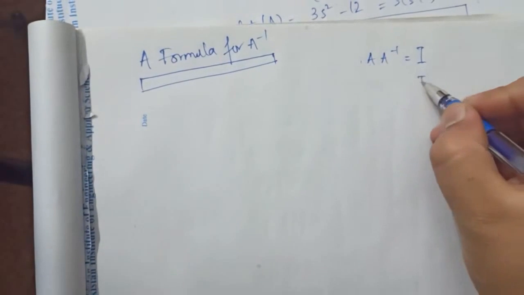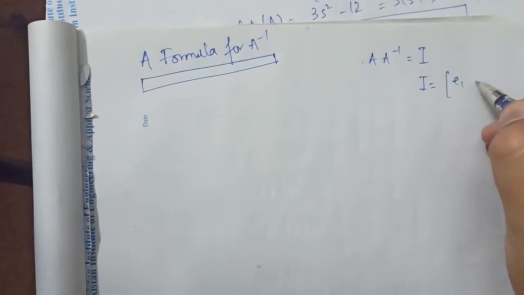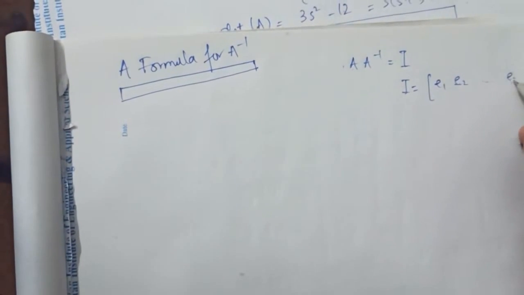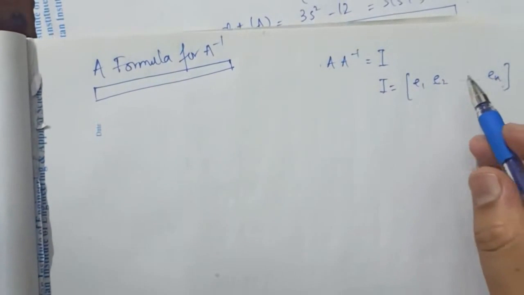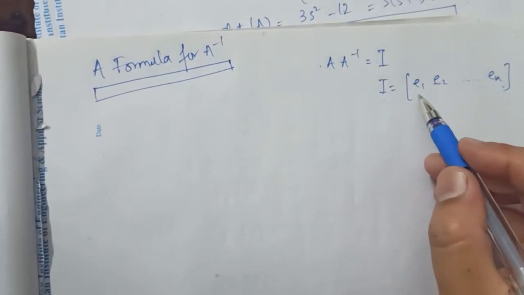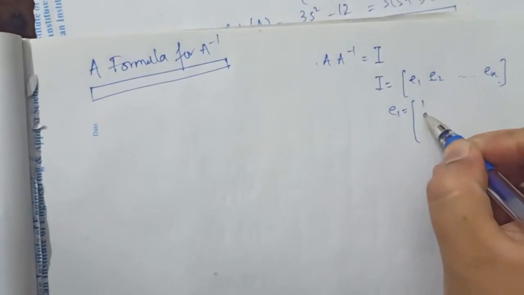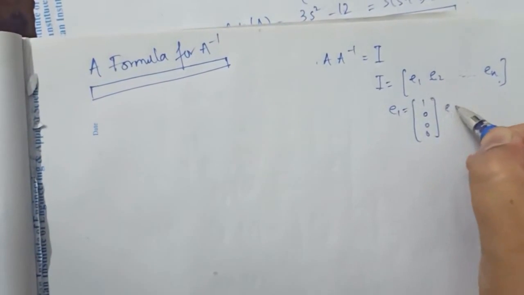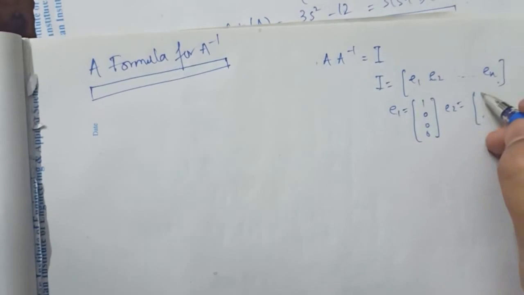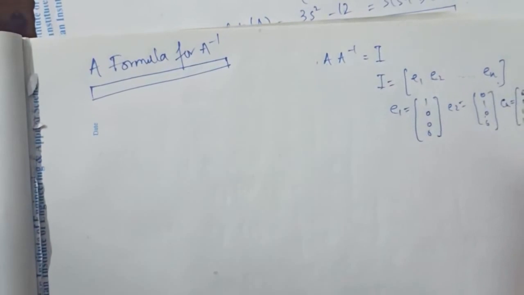And I is actually, remember this, E1, E2 up to En. Now it's an identity matrix, and as I already explained to you, E1 is nothing but equals to 1 0 0 0 0, and E2 is nothing but equals to 0 1 0 0, and of course En is equals to 0 0 0 0 1, right?